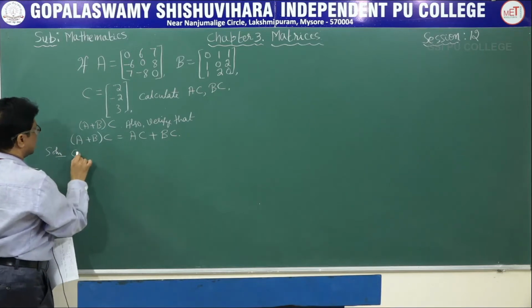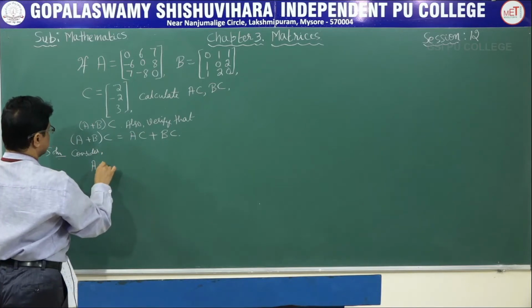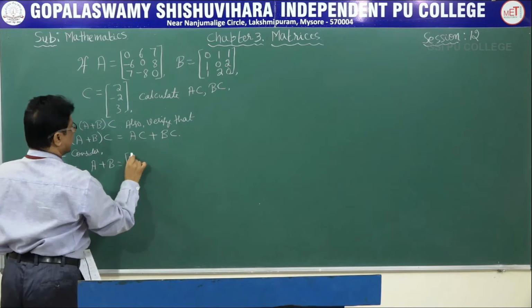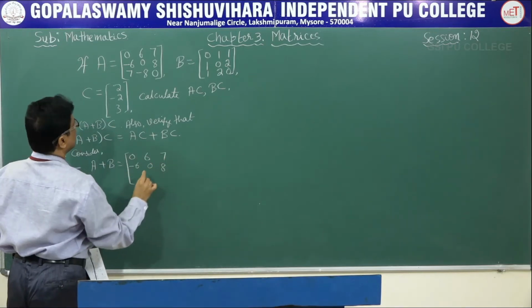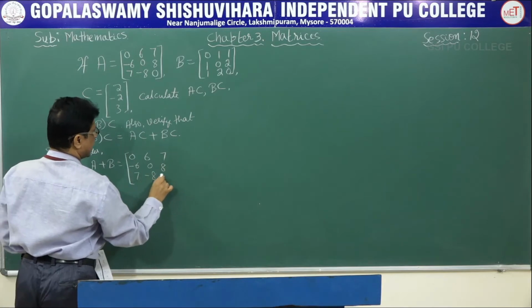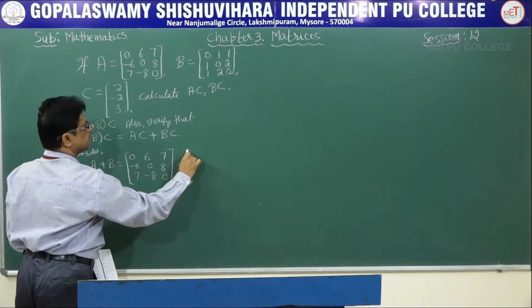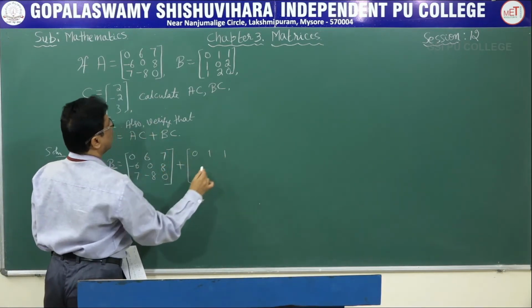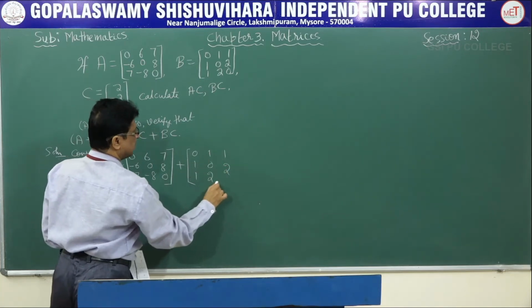Let us consider A plus B. So A matrix is [0, 6, 7; minus 6, 0, 8; 7, minus 8, 0], plus B matrix [0, 1, 1; 1, 0, 2; 1, 2, 0].